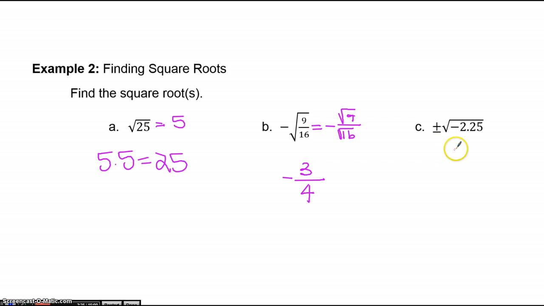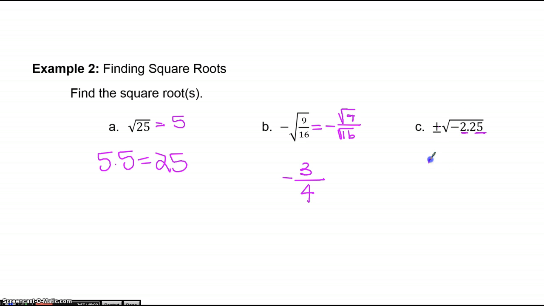On C, I want the positive and the negative square root of 2.25. Now this is a little trickier. I know I need to find two numbers, the same number, that when multiplied by themselves give me 2.25. This is not as obvious, but it's still definitely doable. I would break it down by what's to the left of the decimal and the right of the decimal.